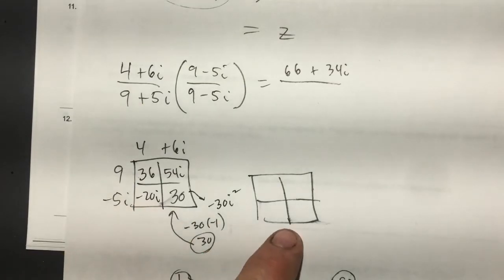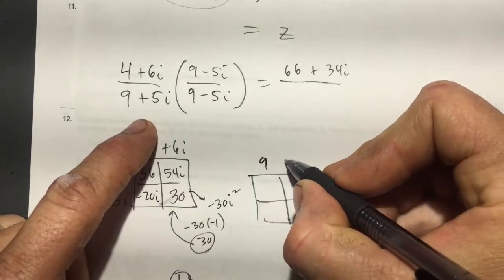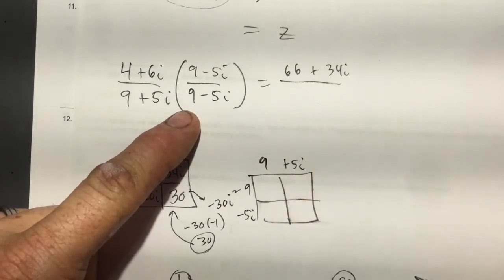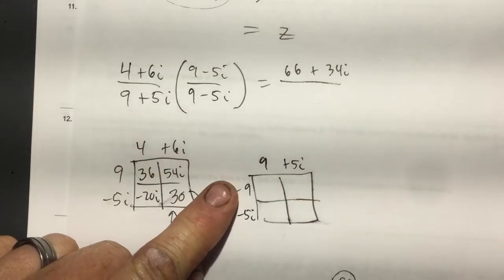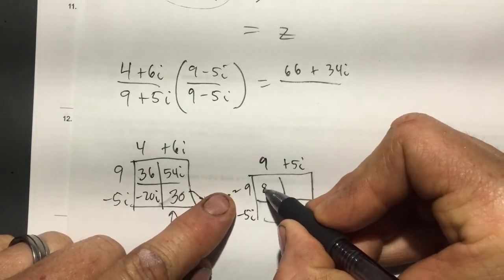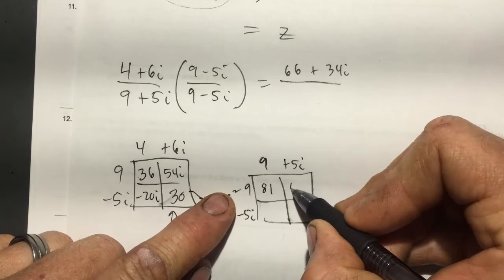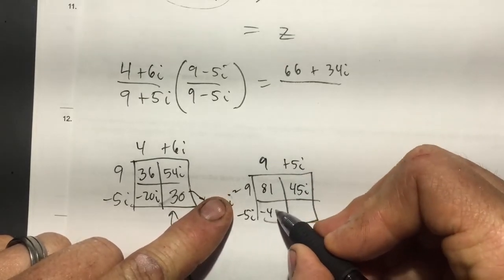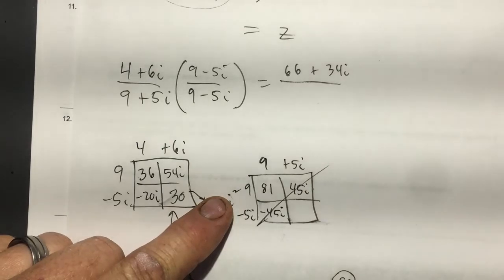All right, now in this square, I've got 9 plus 5i, and I got 9 minus 5i. These are conjugates, and my imaginary parts should cancel. Here, 9 times 9 is 81. 9 times 5i is 45i. 9 times negative 5i is negative 45i, and yeah, they do cancel.